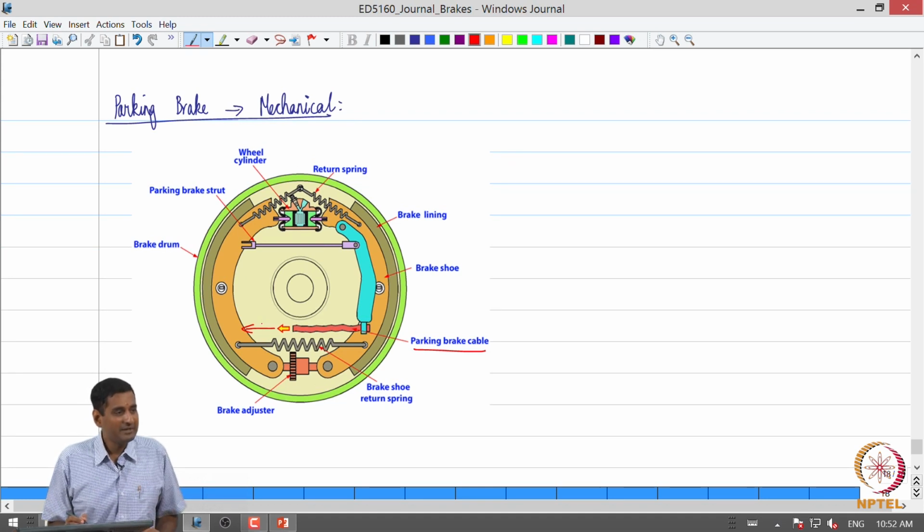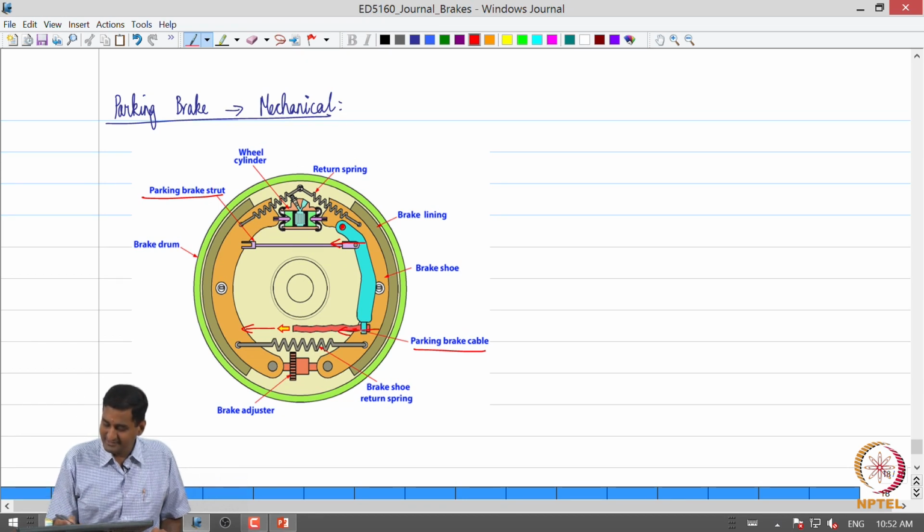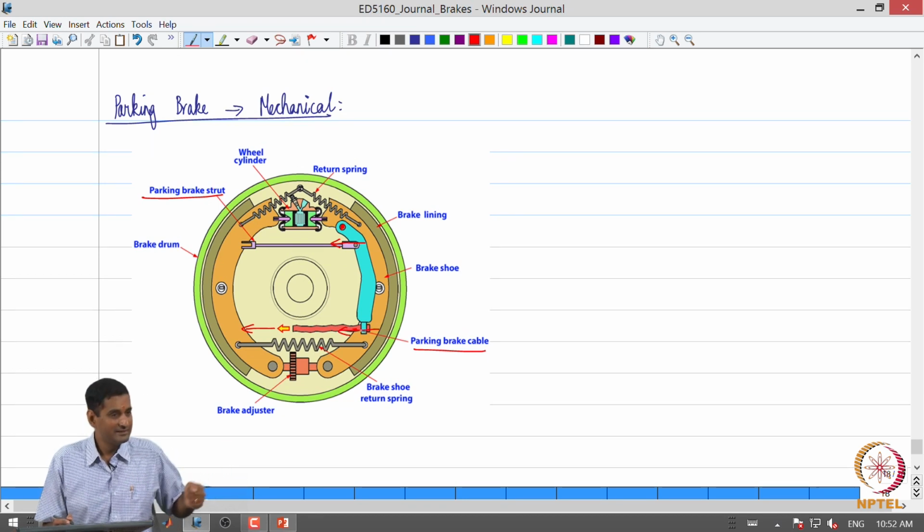So, when the parking brake cable is being pulled, you see that this element to which the parking brake is connected, this lever arm, is pivoted about here, and that is going to generate a magnified force on this parking brake strut, is it not? Because this end is going to move like this, right, once I pull the cable. So, this lever arm is pivoted about this pivot. So, consequently at this point the force will be magnified. So, the magnified force will be applied on this parking brake strut.